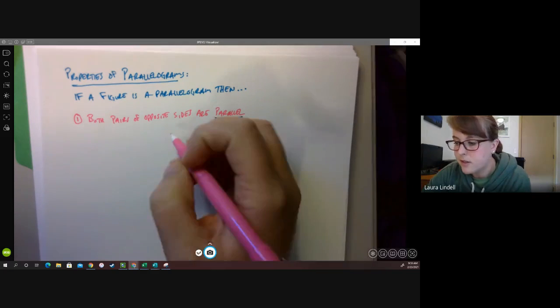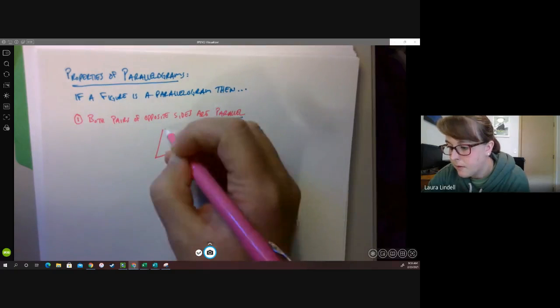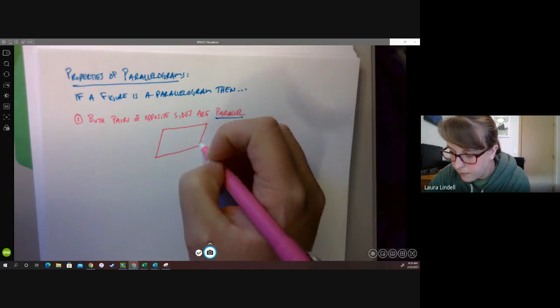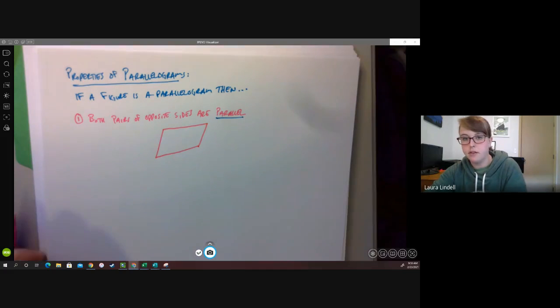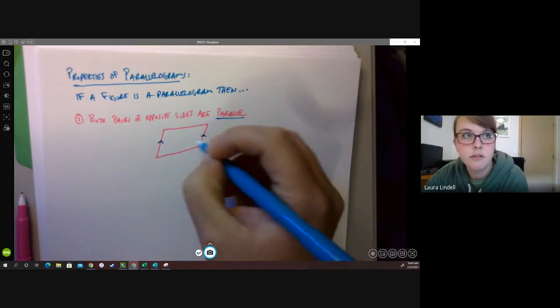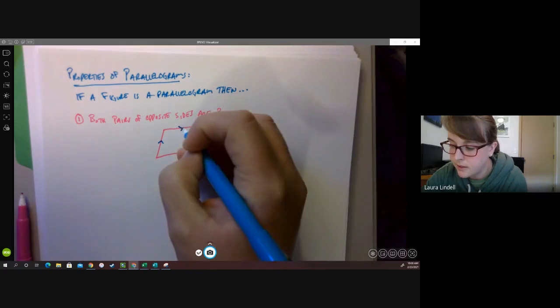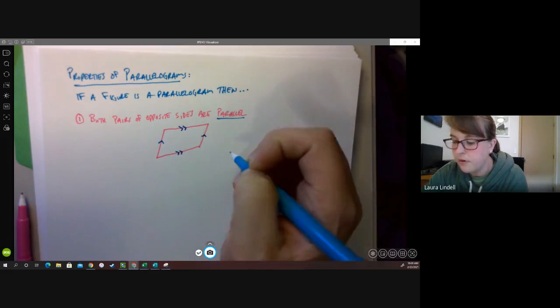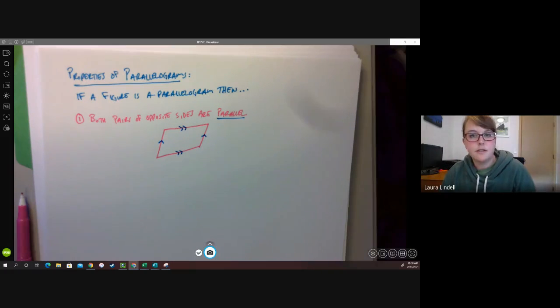Okay, so what this looks like, your generic parallelogram looks something like that, probably drawn a little bit better than mine, but it's freehand, with one pair of opposite parallel sides and another pair of opposite parallel sides. I'll try to do a little bit better drawing parallelograms for the next few. Okay, so that's one important thing about a parallelogram.